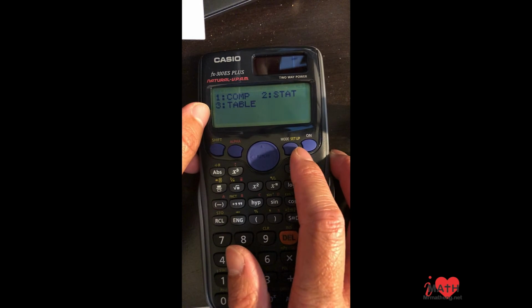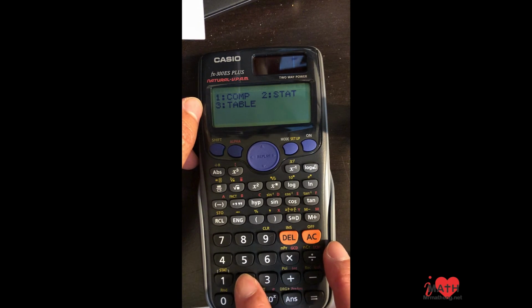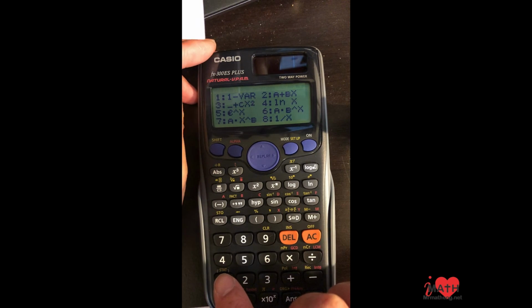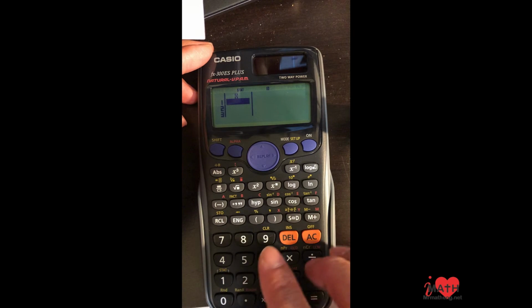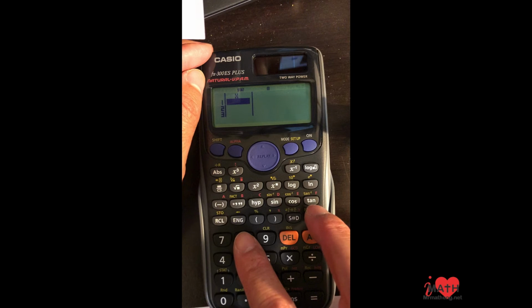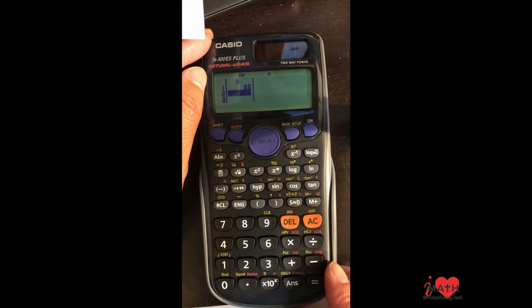Okay, I pressed mode, and then number 2 for stats. Then one var stats, one variable statistics. Now it's going to tell me to put in the numbers to the list. So the numbers on the list for example number 6 are 80. Press enter, equals.